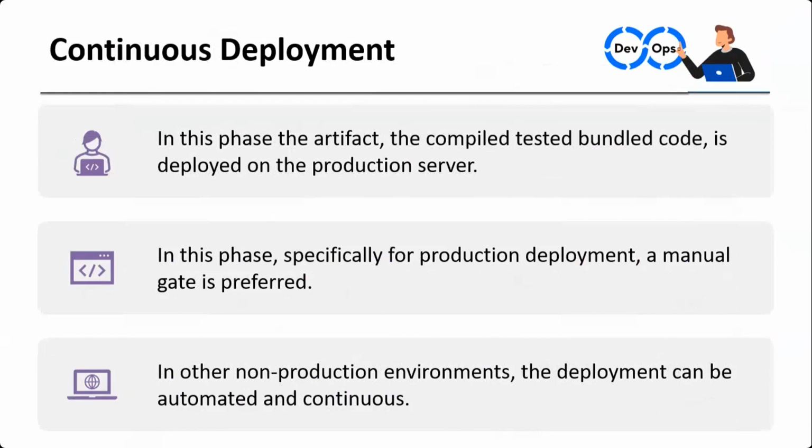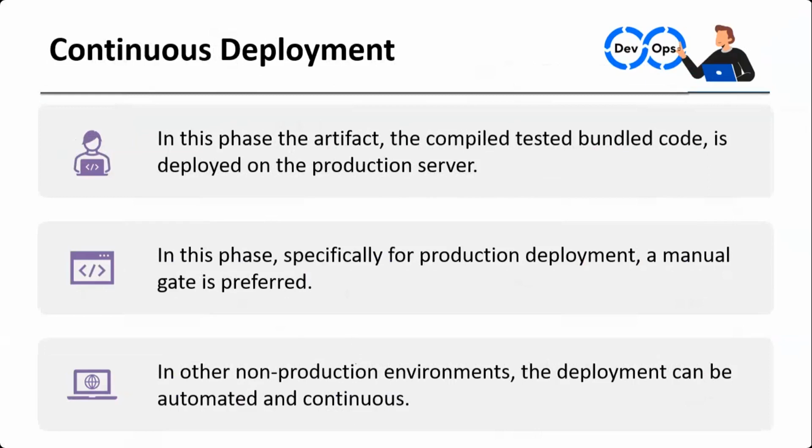In this phase, the artifact, the compiled, tested, bundled code, is deployed on the production server. So particularly for production deployment, a manual gate is preferred. However, in non-production environments, deployment is fully automated, which allows continuous updates.